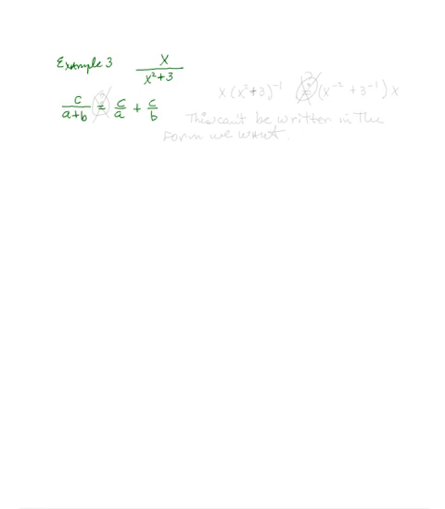Now, is that true? I mean, it kind of looks good. But if you were going to add these fractions on the right-hand side, you would have a common denominator of a times b, not a plus b. And then you would have bc plus ac in the numerator, and you would not get back what you started with here. Now you can also convince yourself it's not true by just taking almost any numbers for a, b, and c, and it probably won't work out.